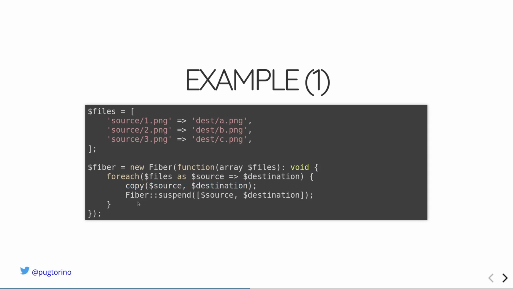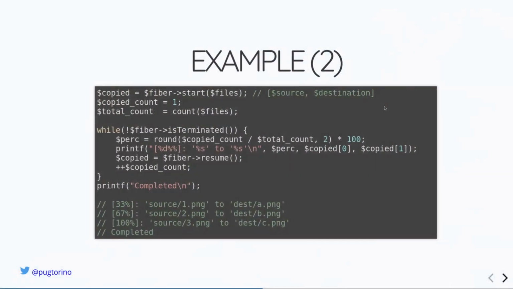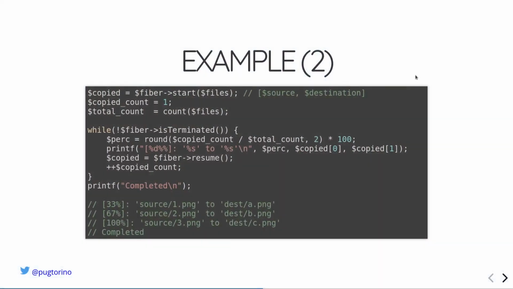After each copy we suspend the execution of the fiber and we pass as parameter an array of 2 elements, where the first is the source and the second is the destination. So we want to give back to the main execution flow the information that we copied this source to this destination.